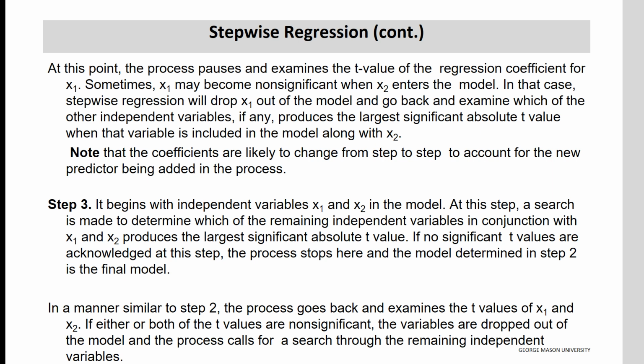If no significant t-values are acknowledged at this step, the process stops here and the model determined in step 2 is the final model. In a manner similar to step 2, the process goes back and examines the t-values of x1 and x2. If either or both of the t-values are non-significant, the variables are dropped out of the model and the process calls for a search through the remaining independent variables.